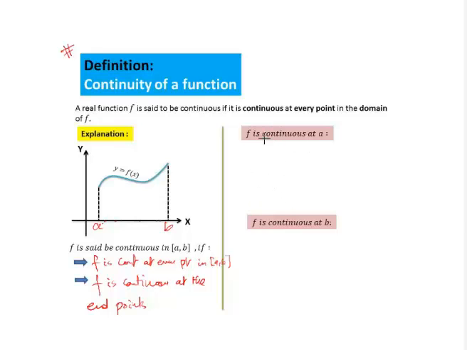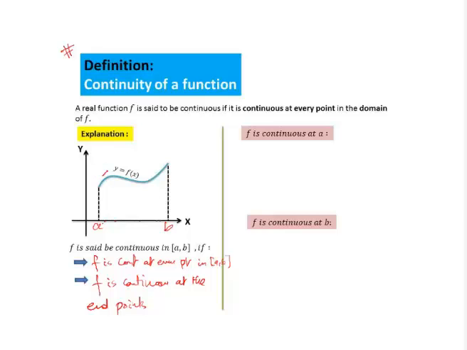Now, how can we say that f is continuous at point a? It's similar to the case we did in the previous 4 questions. But one thing you have to keep in mind is that since the function is defined from a to b, when x is approaching a, we cannot find the left hand limit. There is no sense.